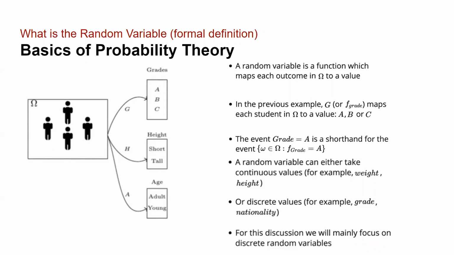If you're performing an experiment whose outcome is discrete, for example, tossing a coin, it can be either head or tail, either 0 or 1, where 0 is my head and 1 is my tail. So this is my discrete random variable. Whereas if I have to measure the weight of some student, the outcome could be anything. If you want to measure the weight of 5 students, the weight can be anything.